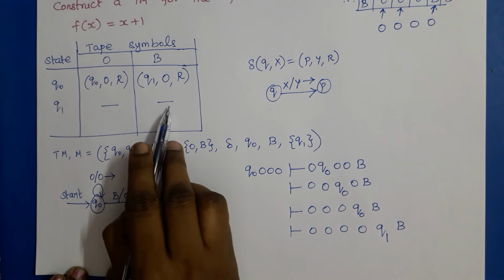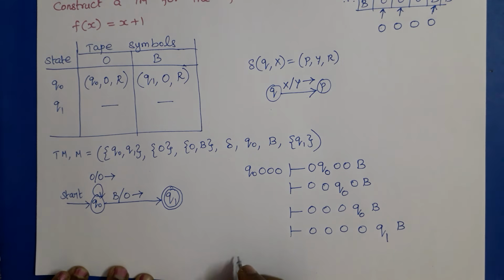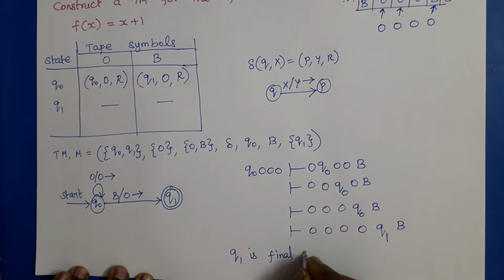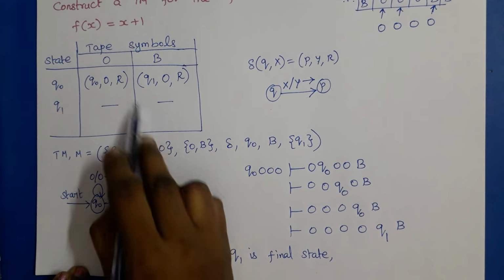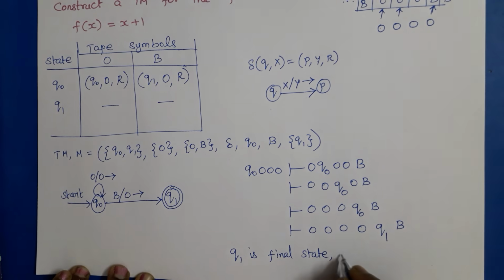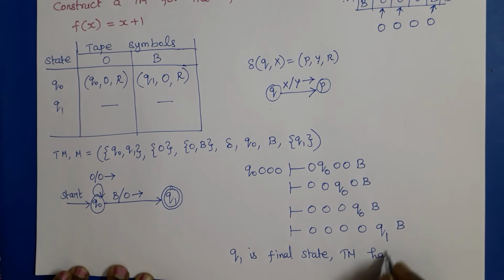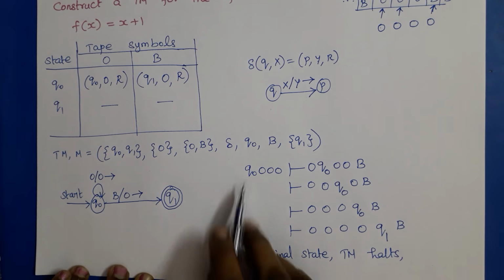It is undefined, right? Q1 is a final state, and Q1 comma B is undefined. We don't have any transition here. Therefore, the Turing machine halts, and since Q1 is a final state, it accepts this input string.